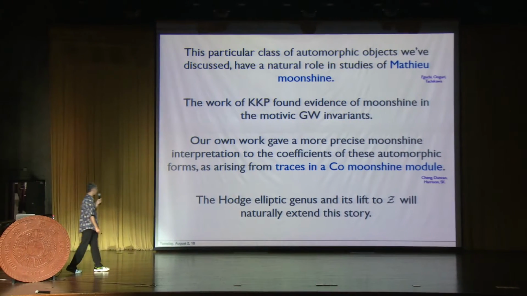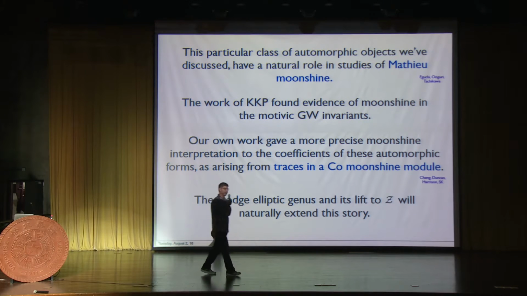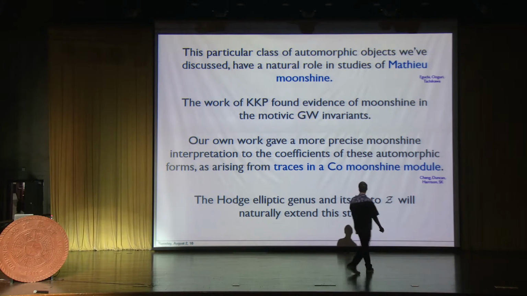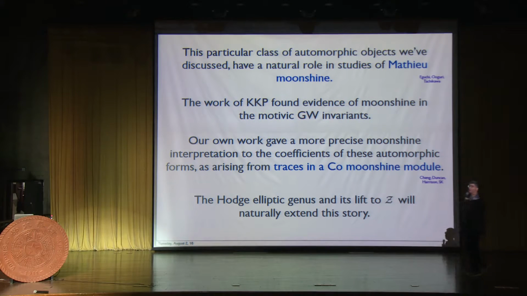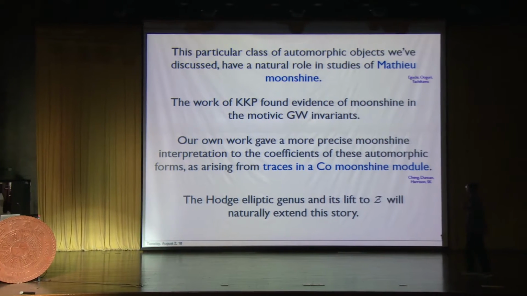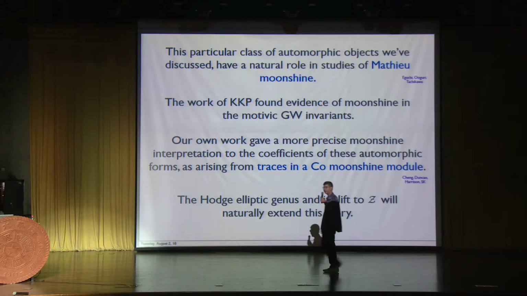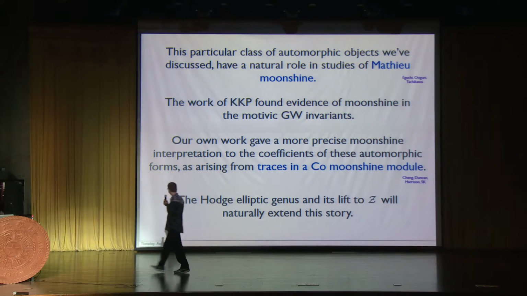Now, my actual motivation for thinking about this problem at all came from one of these attempts to study deeper symmetry structures. The particular class of automorphic objects I've been describing here have a natural role in studies of something called Mathieu moonshine. The work of Katz, Klemm, and Pandharipande found evidence of moonshine in their studies of the motivic Gromov-Witten invariants.